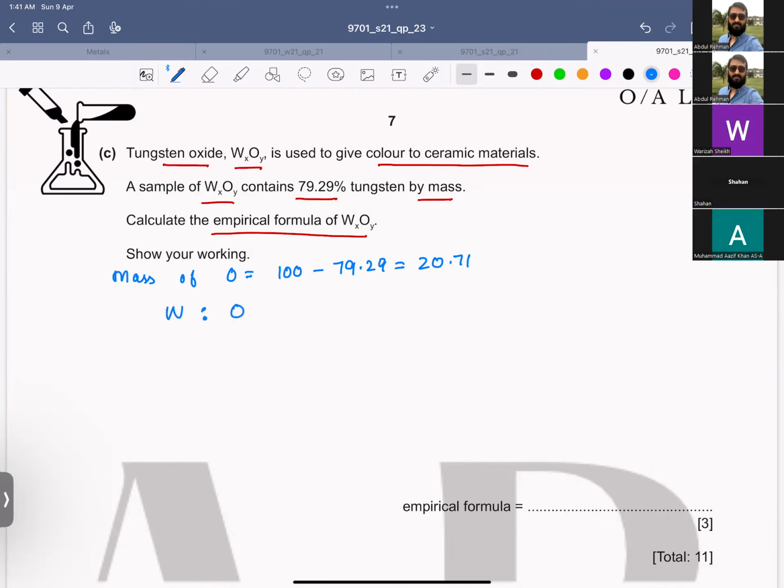You have to do it the same way as you do in O levels. We take 79.29 and 20.71 and divide by the Ar.